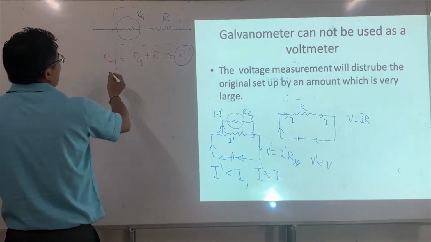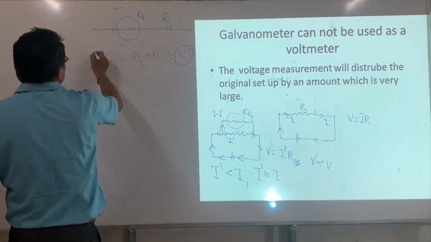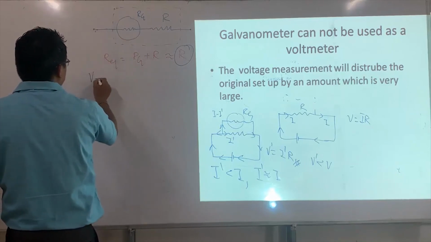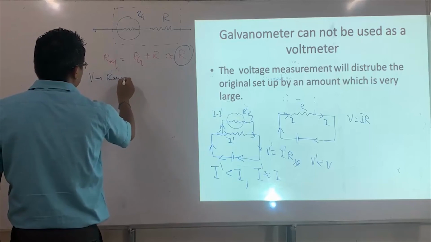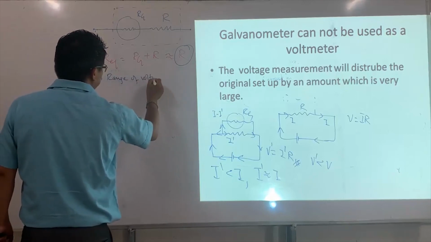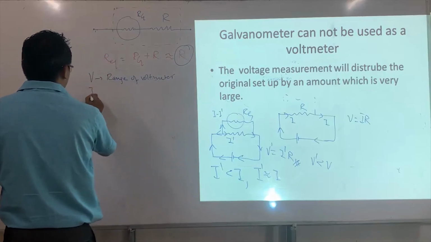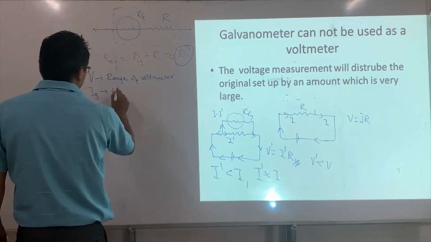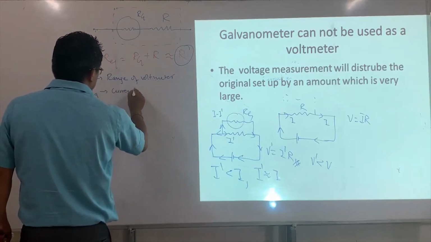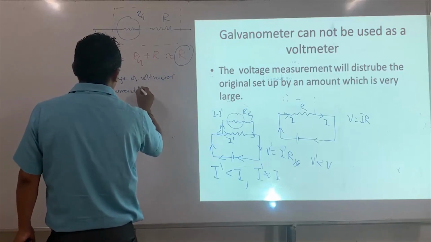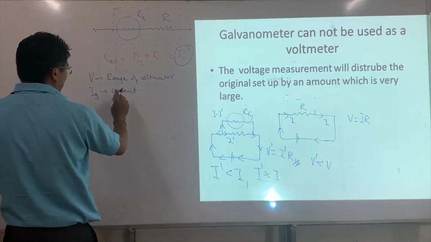Alright. V is the range of voltmeter. Let's say the range of voltmeter. And Ig is the galvanometer current, the range of current in the galvanometer.